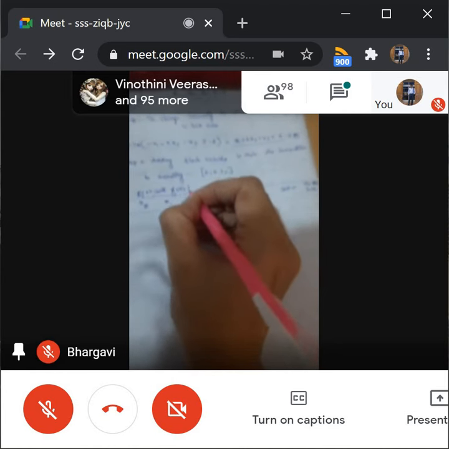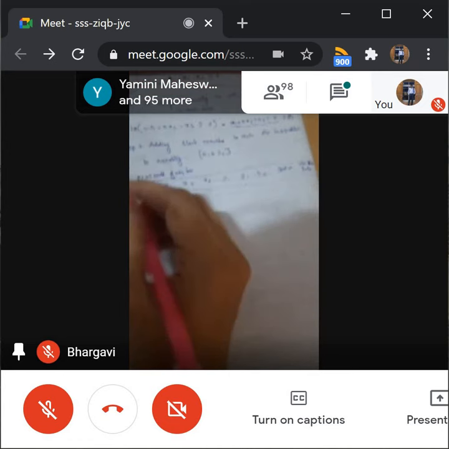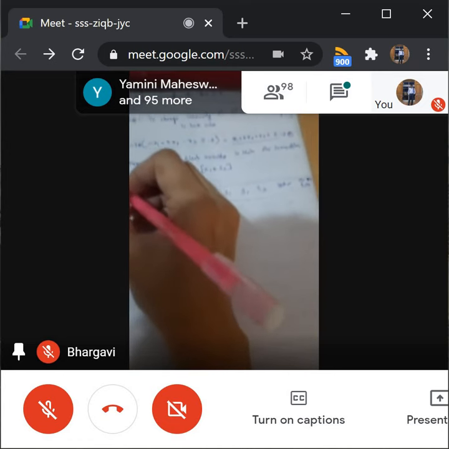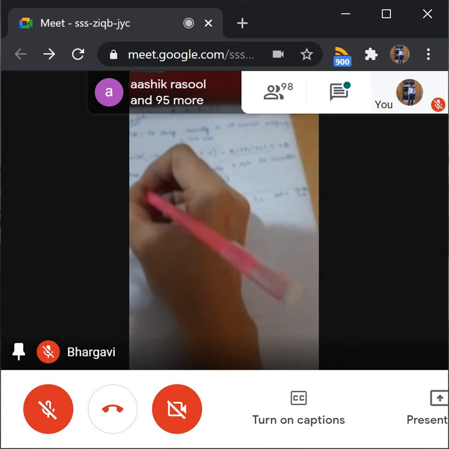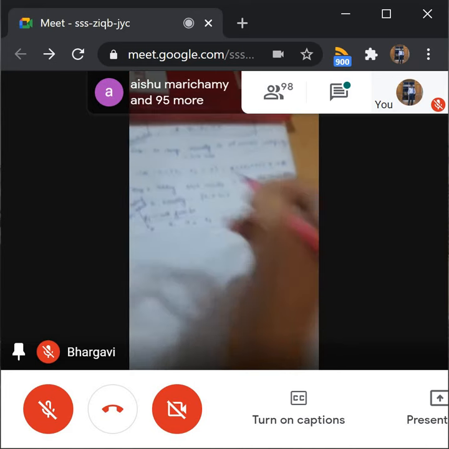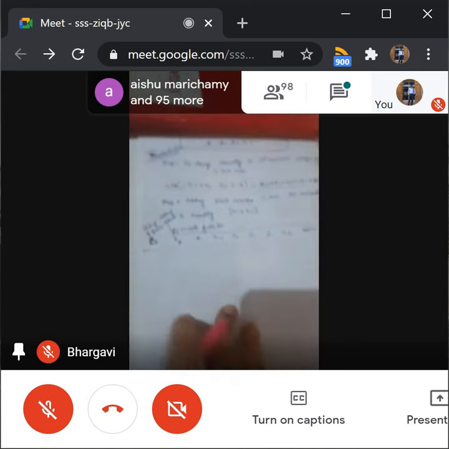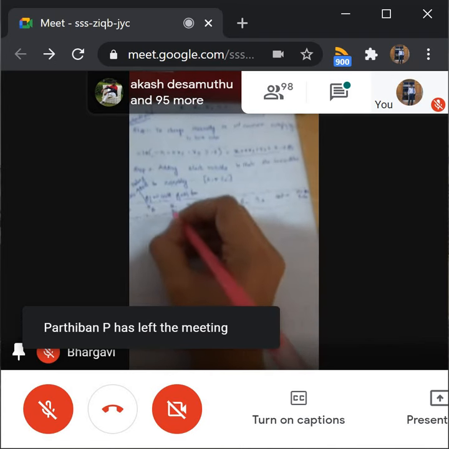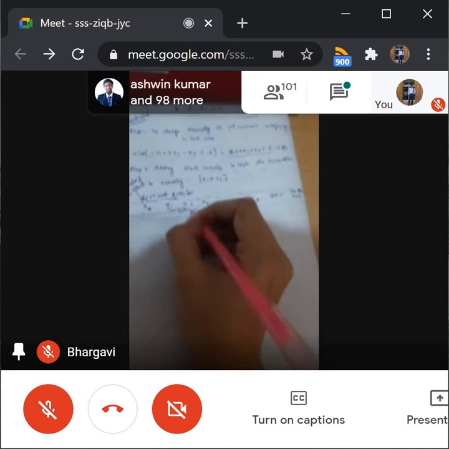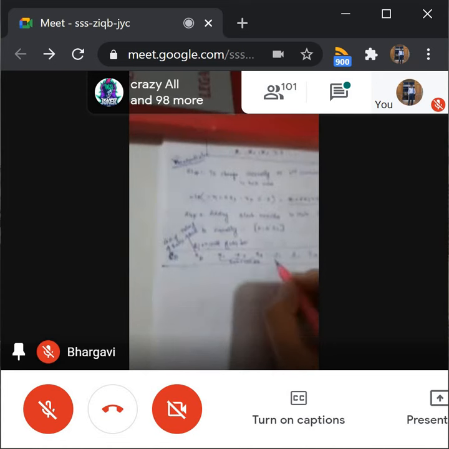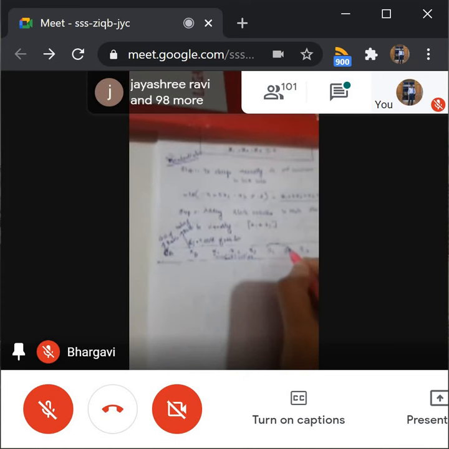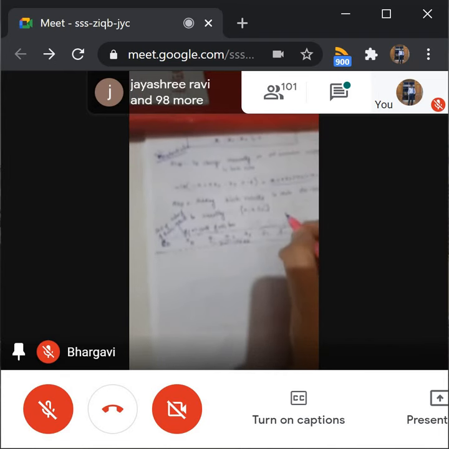CB is called the cost of basis. XB is called the value of basis. X1, X2, X3 are called basic variables or decision variables. So Cj is called the coefficient of the objective function.